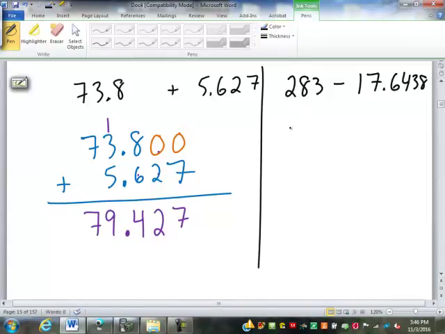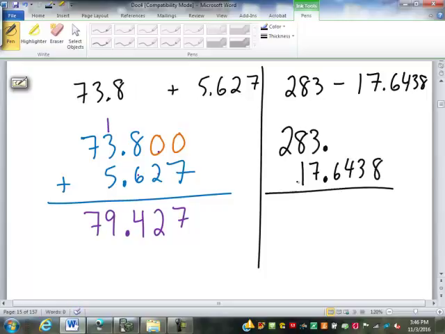So to set this up, I have my 283. Where's the decimal point on that? It's right at the end. If there's no decimal point, it's at the end. So I'll put a decimal point right underneath that one. Fill in my 17.6438, and we are subtracting. So I'll fill in my missing digits here with zeros. There's 4 zeros.